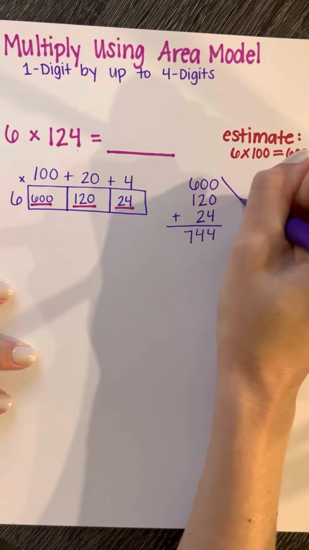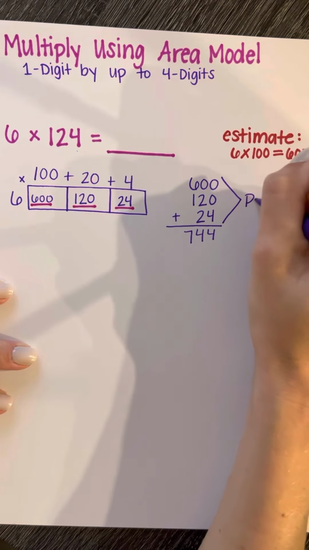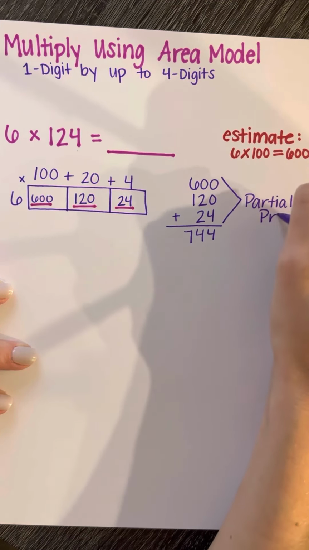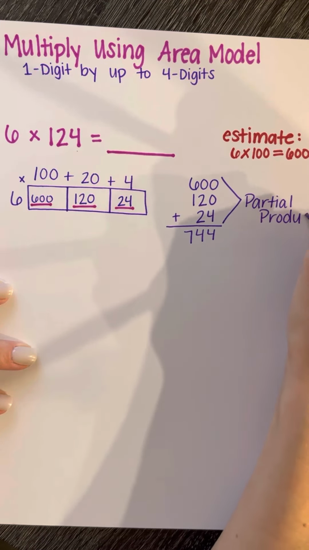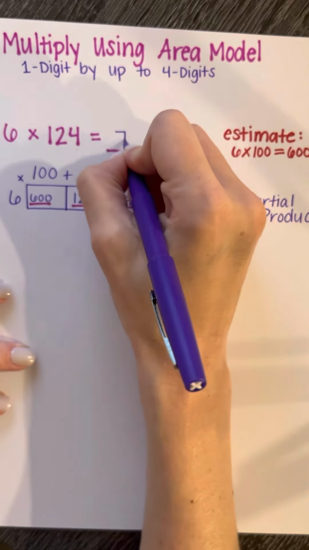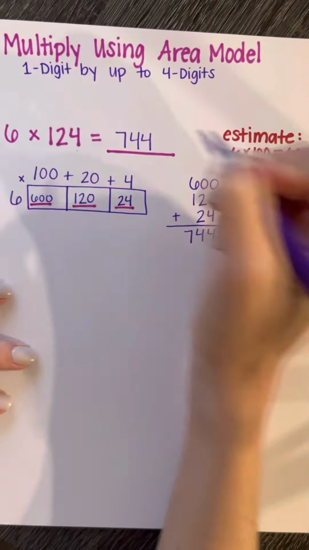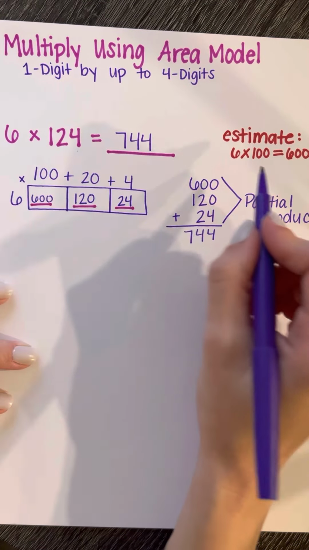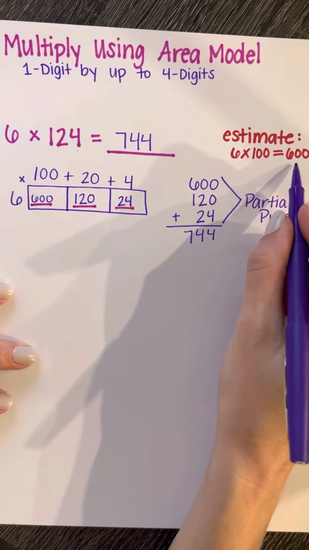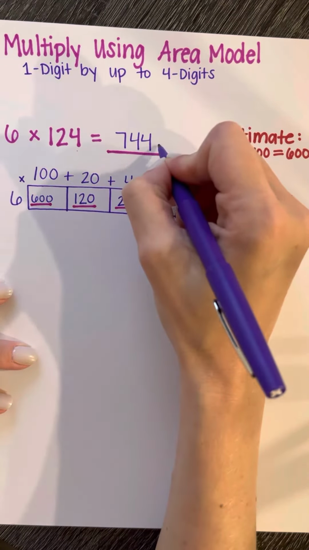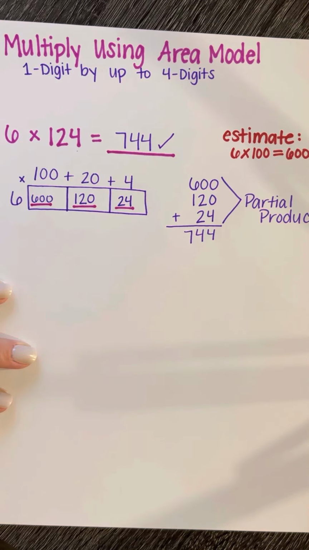So we have our 3 partial products added together to get the whole product right here of 744. And then after we have our product, we can check that with our estimate, and 744 is pretty close to 600, so we are happy with that answer.